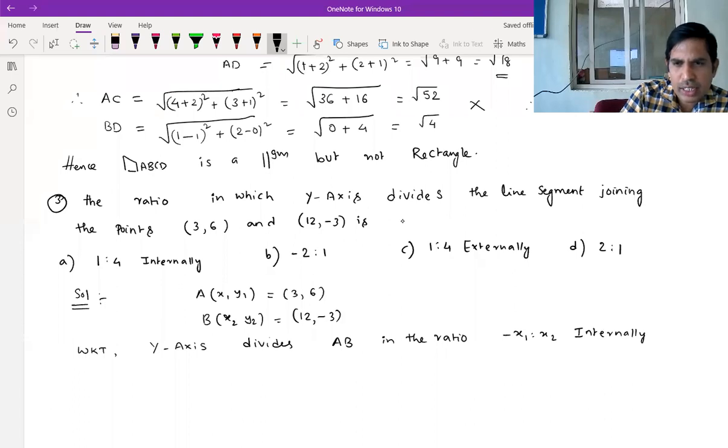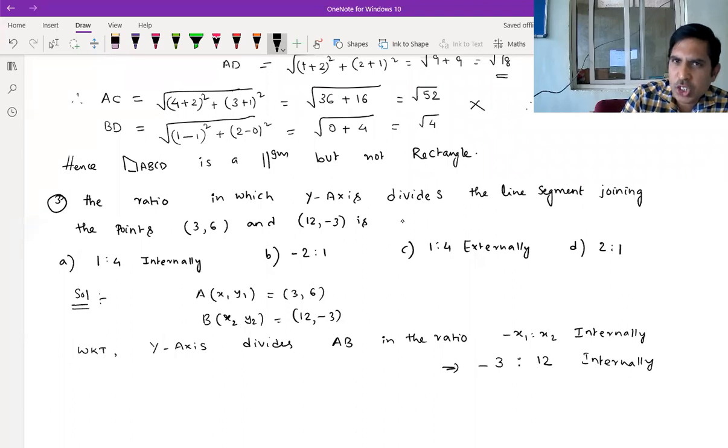Therefore, minus x1 nothing but 3, x2 nothing but 12. So -3:12 internally. I said ratio is always positive.